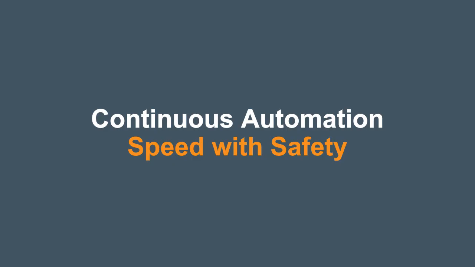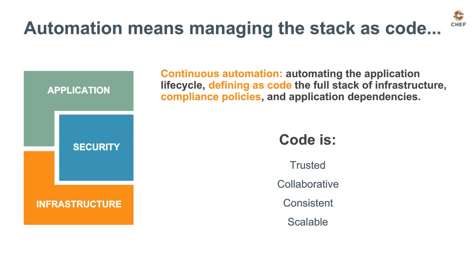Well, one thing we like to talk about is continuous automation, where organizations can have the best of both worlds, speed and quality. We see continuous automation as really automating the application lifecycle, especially defining as code the full stack of infrastructure and compliance policies, which we're going to cover specifically in this webinar, through code and application dependencies.